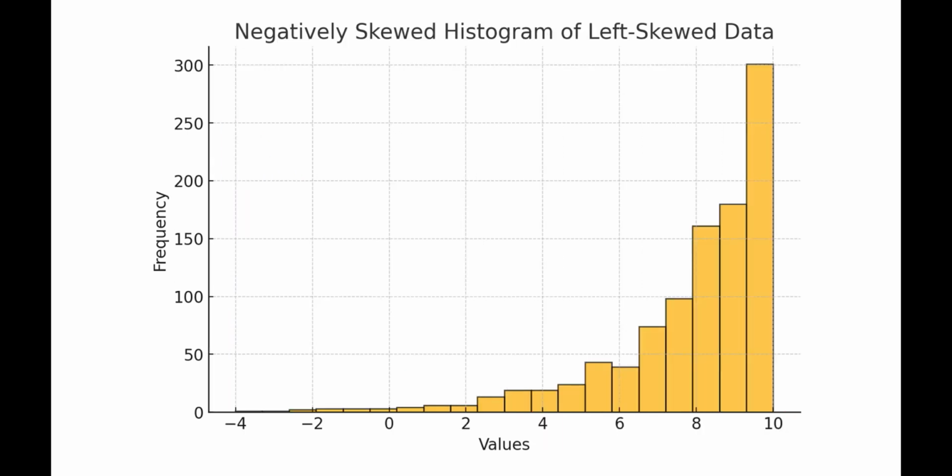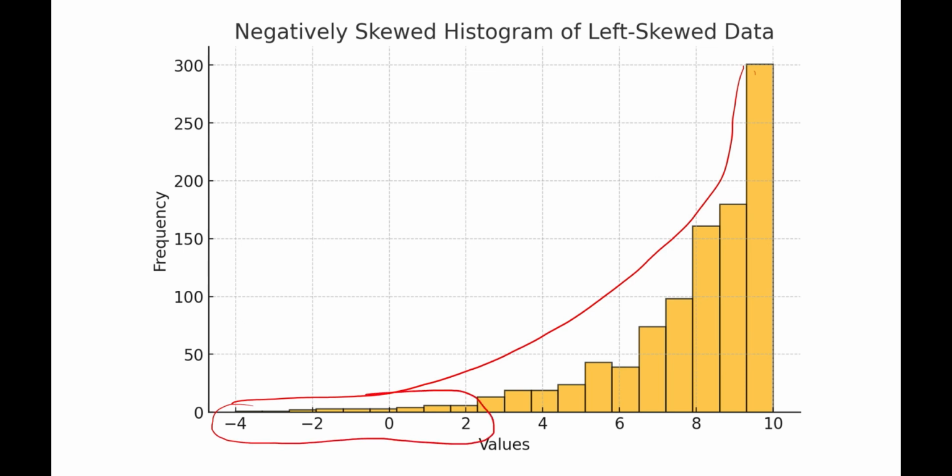Then, this one is a negatively skewed histogram. Okay, if you follow the curve ulit, the values na mas maliit has little or no influence sa mean. So, you can see na mababa yung frequency ng mga smaller values na to. Kaya, ang tawag dito is negatively skewed na histogram.